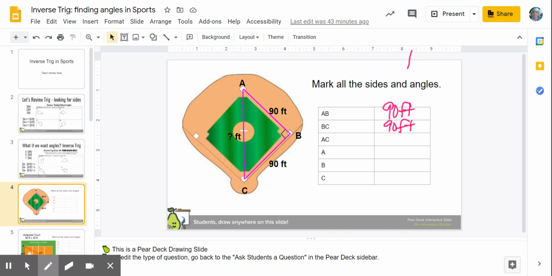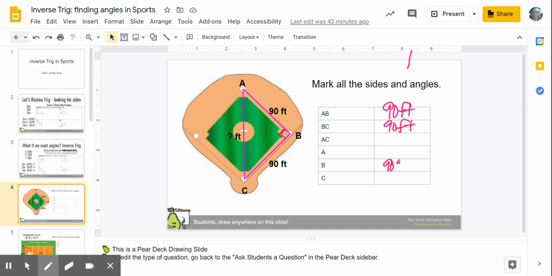Easy peasy. Am I given anything else? There is a right angle at B. So what's the measure of angle B? 90 degrees, right? Okay. So do we want to find angles first or sides first? What do you think?